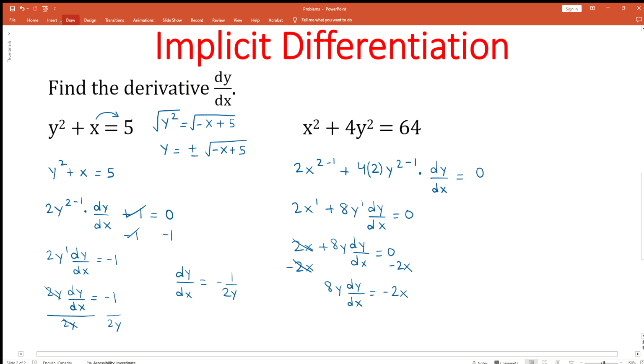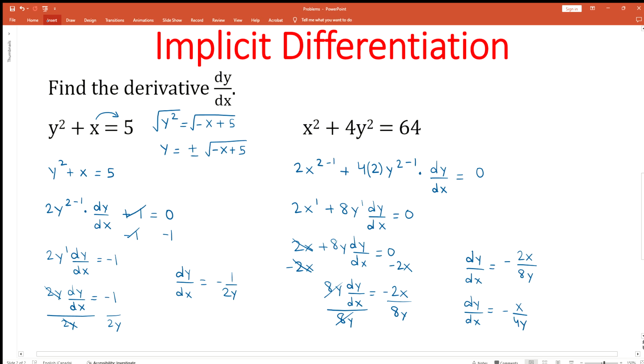Next, we should divide both sides by 8y. We can reduce this fraction. This should be the final answer for the second given equation.